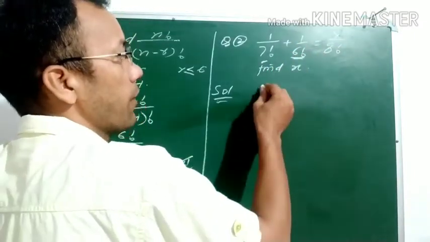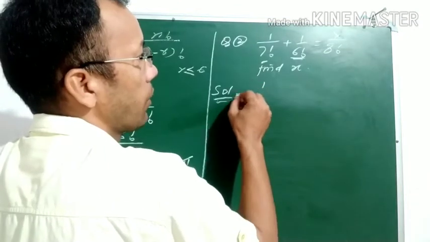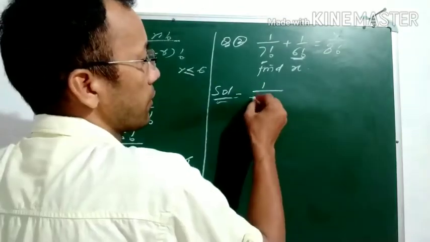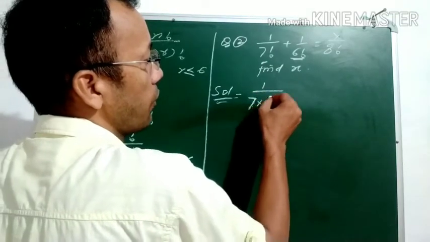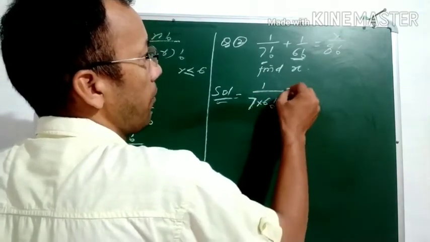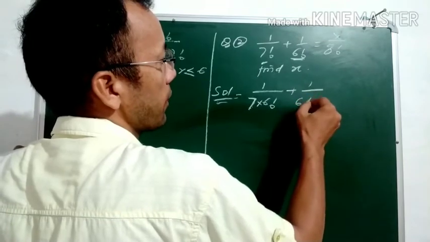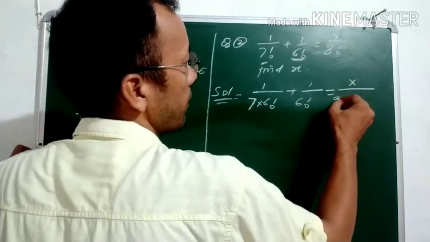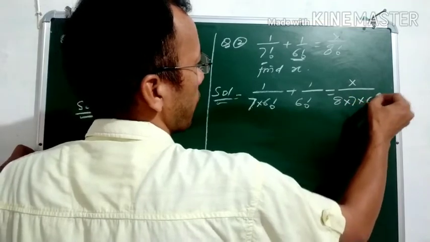So 1 upon 7 factorial means 7 into 6 factorial, plus 1 upon 6 factorial, is equal to x upon 8 factorial, which means 8 into 7 into 6 factorial.